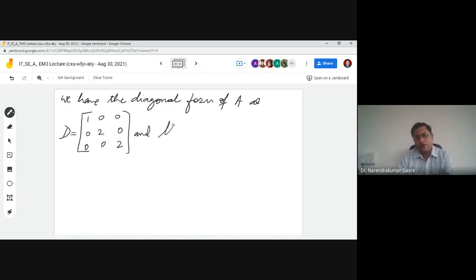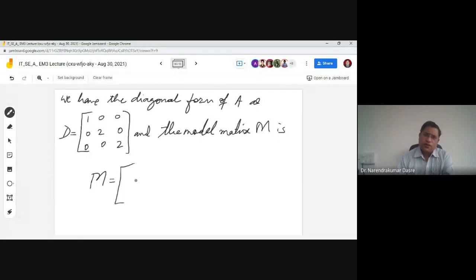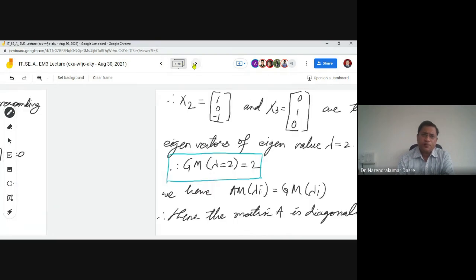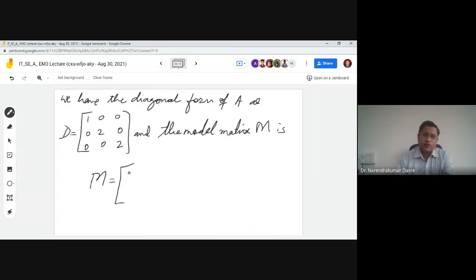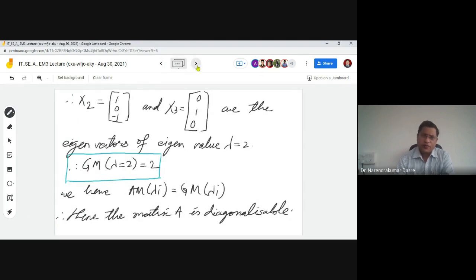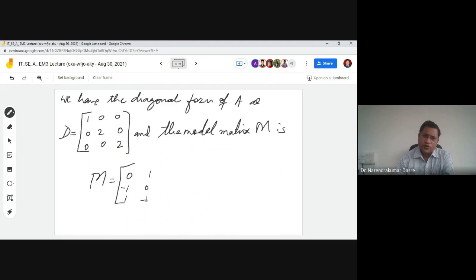And the model matrix, or this is also called the transforming matrix, M is equal to the eigenvector corresponding to 1. So what is the eigenvector corresponding to 1? 0, minus 1, 1. Then these are repeated, so you can choose any of these values. So it is going to be 1, 0, minus 1, 1, 0, minus 1, and 0, 1, 0.